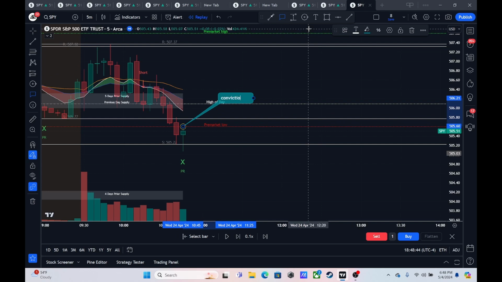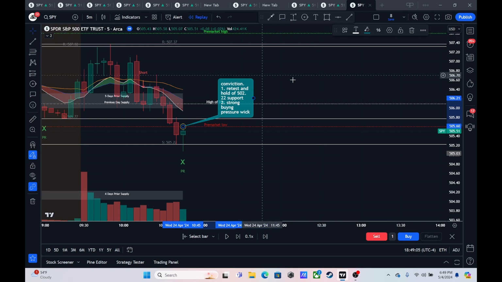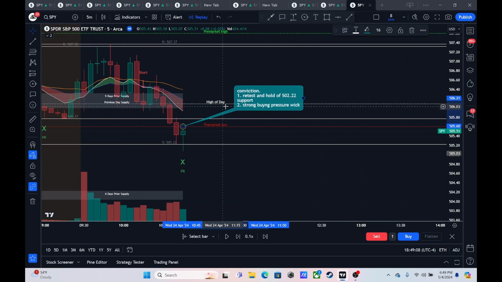So conviction, right? We had a retest and hold of 502.22 support, strong buying pressure wick, and, you know what? It's actually not the best, because let's take a look at the opposing here, and I just realized there's a huge lack of volume on this candle here.